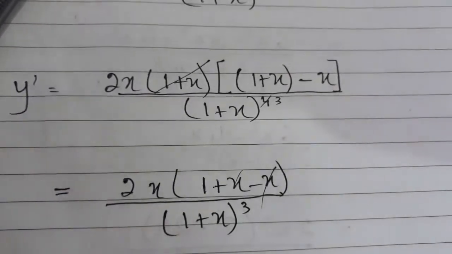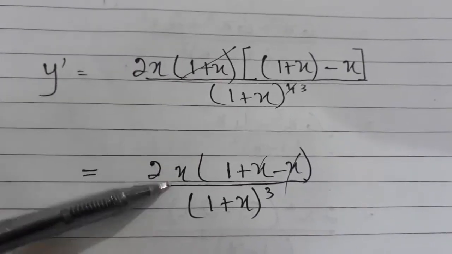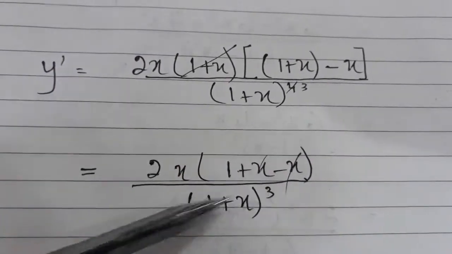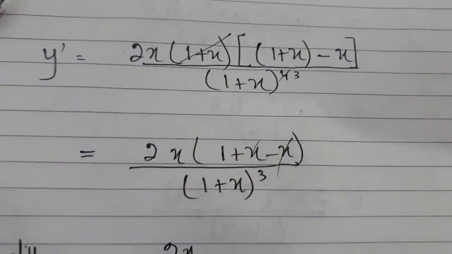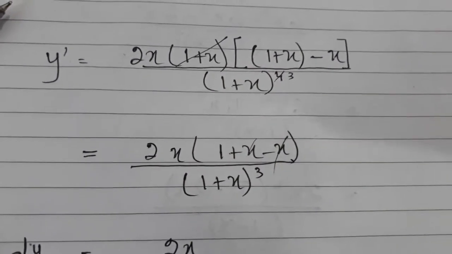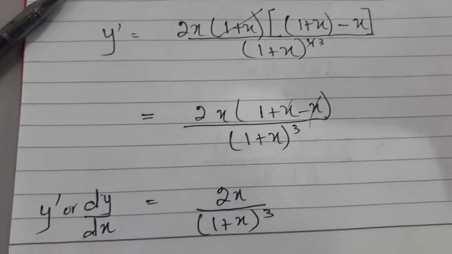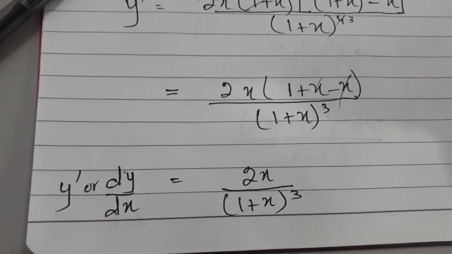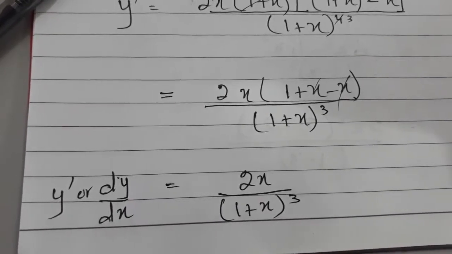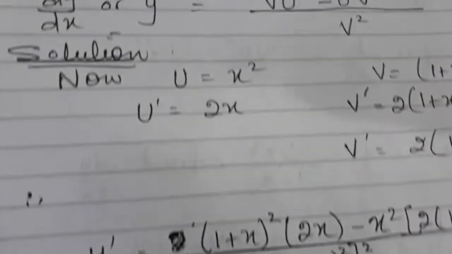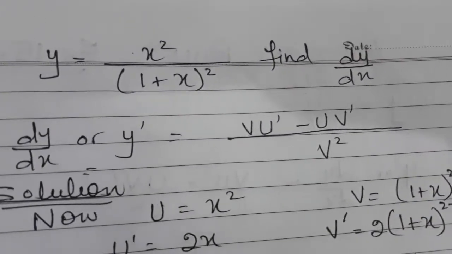Okay, so after cancelling, now you have 2x here, and when you expand it, these x's will cancel out. So this is what you will be left with. So this is your differentiation of the function. And now here I will tell you something very interesting about this function, because students usually find the quotient rule a little difficult.